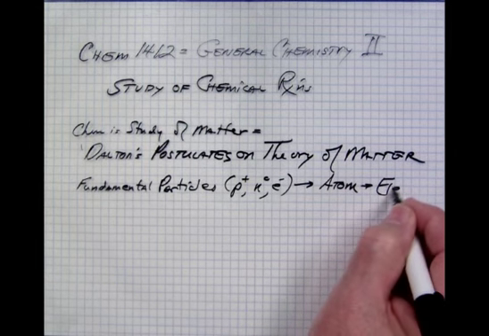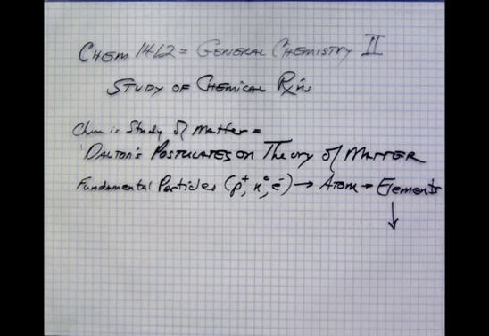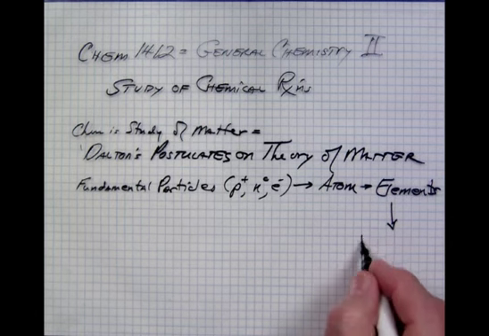And the periodic table, the organization of the periodic table, ions, cations, anions, and so forth, evolved from that study of elements. Then what happens when we put elements together? We form molecules.